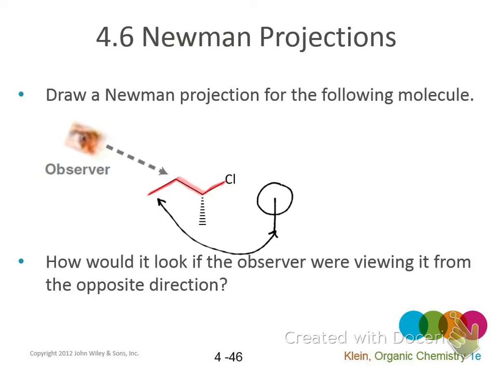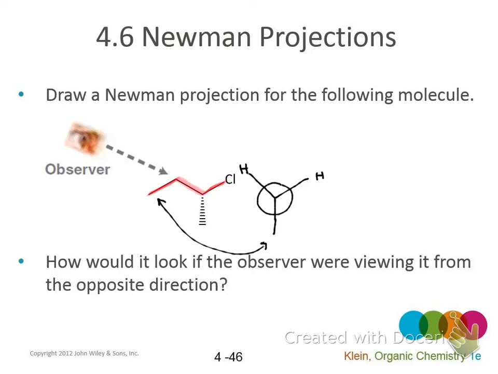Actually, you know what? Let me do this. I drew a little too close to it. Now, what is the angle that we always draw the other groups at? 120. So you draw the other ones in. These are at 120. These are hydrogens. Okay. Now, that's the front.